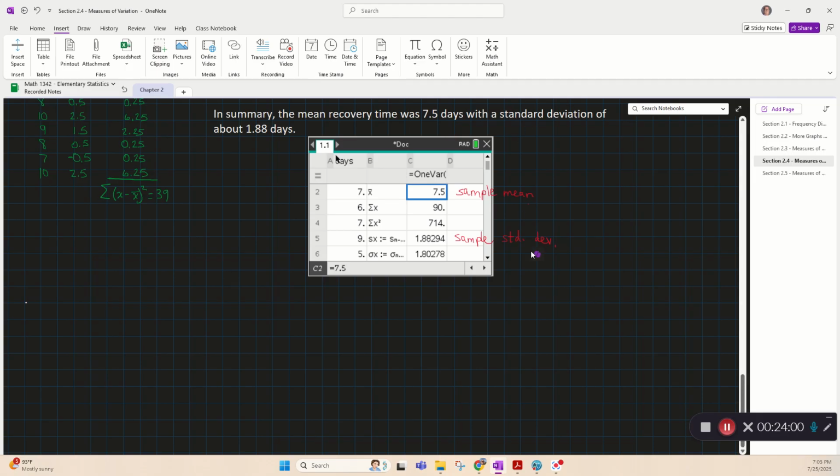Now, there's some other things on here. This is a population, so we don't want this because it's our population standard deviation. And this is not a population. We don't have a population.